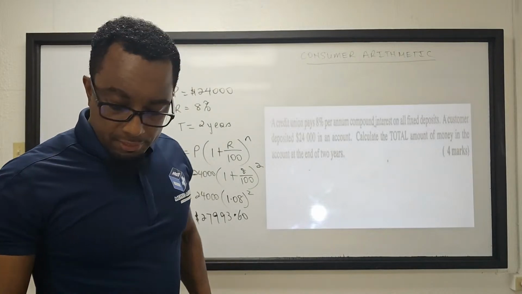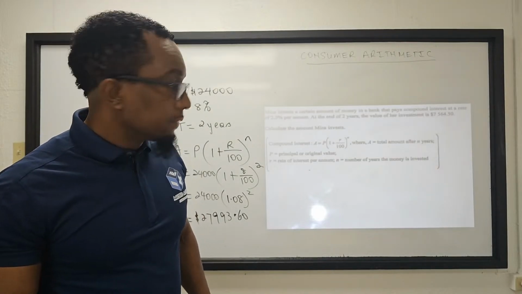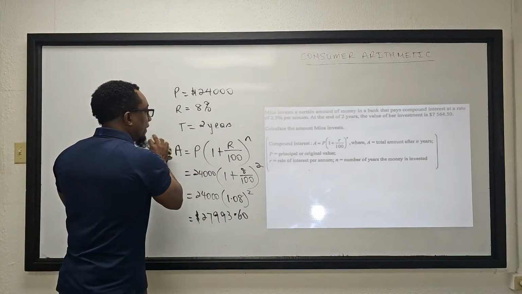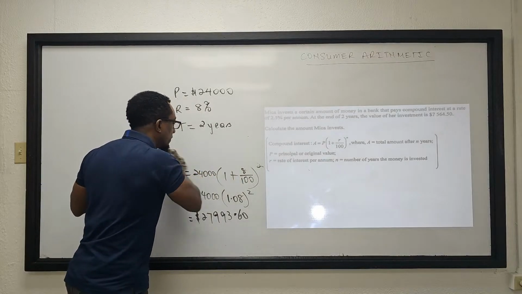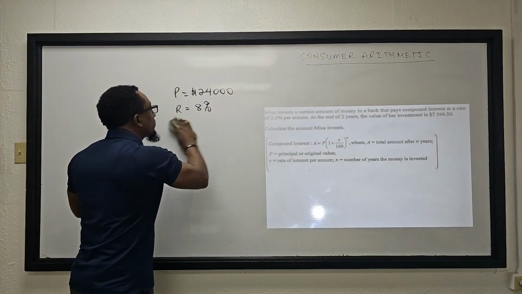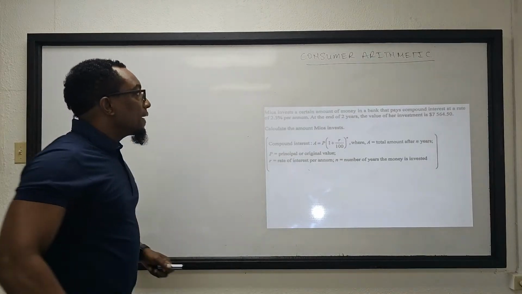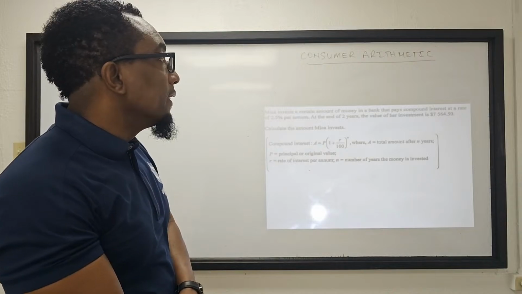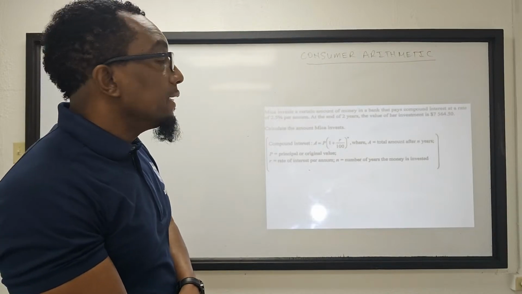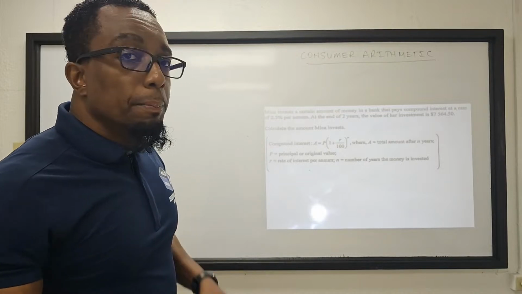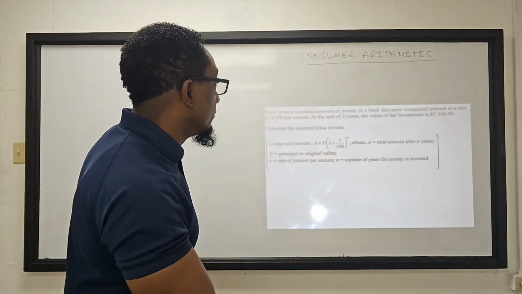Alright, let's look at another. So I'm erasing this information. And it says here, Micah invests a certain amount of money in a bank that pays compound interest at a rate of 2.5% per annum.